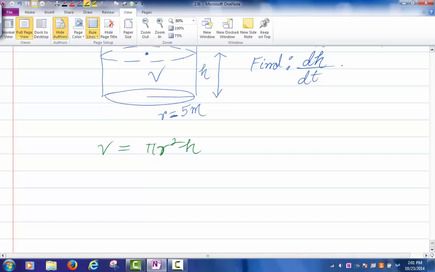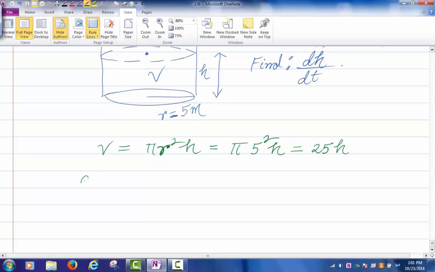The one mistake you could make here is that you may forget that the radius is fixed. So right away you have to plug in 5 for the radius, otherwise you might make a mistake. So you'll be getting 25h here.